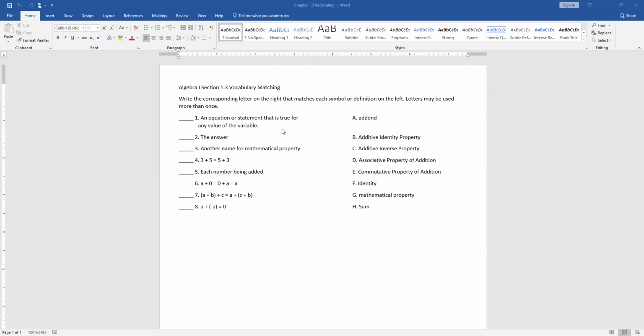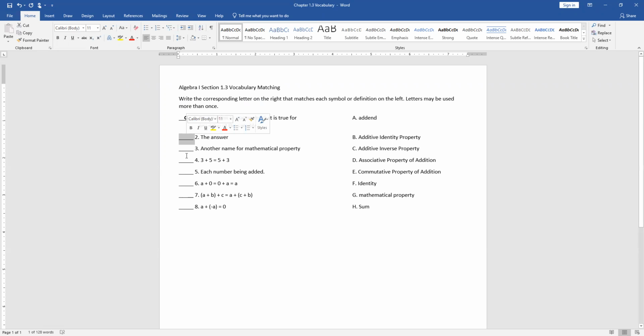So any equation or statement that is true for any value of the variable, that's why if it's a statement that we make where we use a or x in the place of a number, those are what we call our mathematical properties. So that's right there on page 15, right above the properties of addition. So that is G.